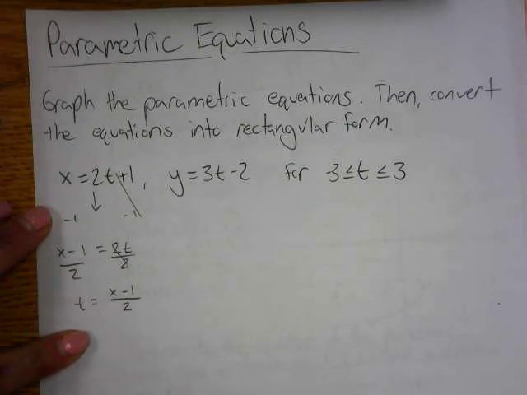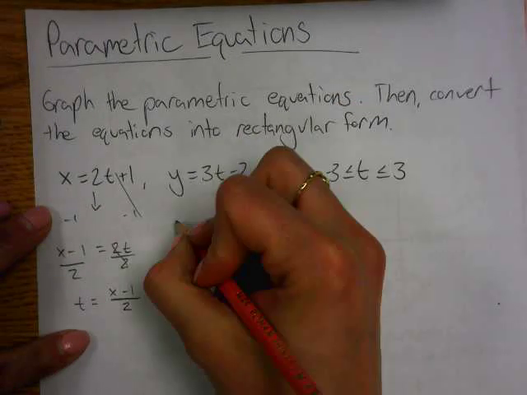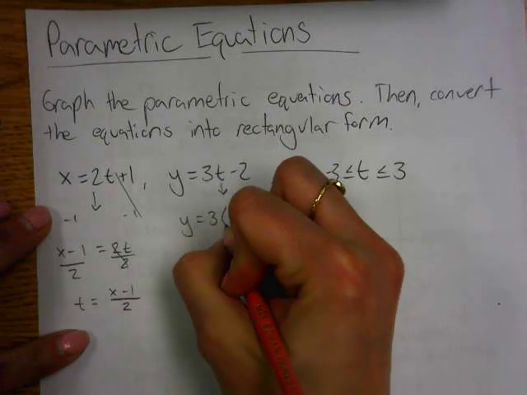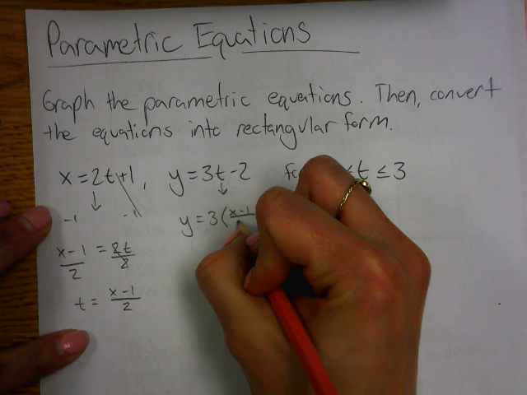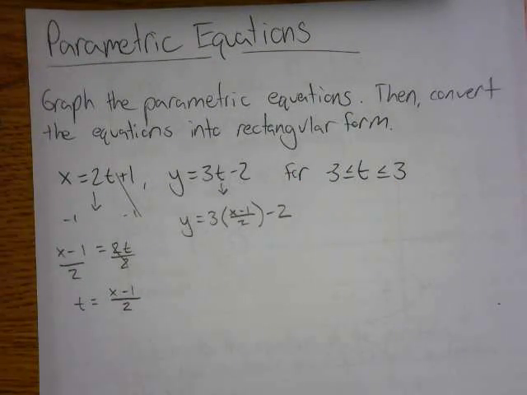So I can take that t value and substitute it into this equation and say y must equal 3 times (x minus 1) over 2 minus 2. And now I have an equation in rectangular form that only has x and y.